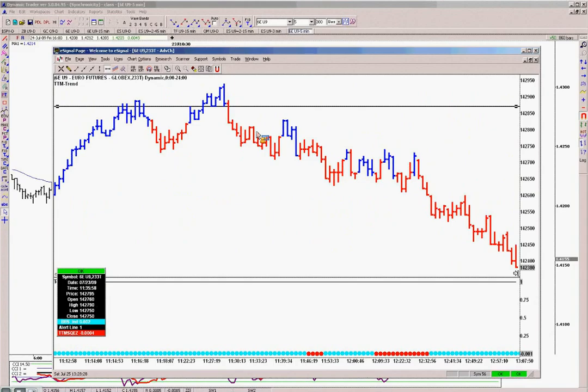So again, the program is to pretty much have a setup. If you hold the setup zone, you look for a trigger. If you get the trigger, you make the entry.